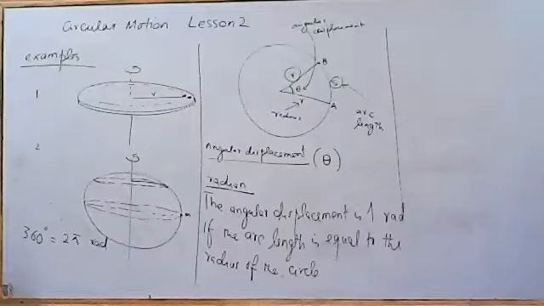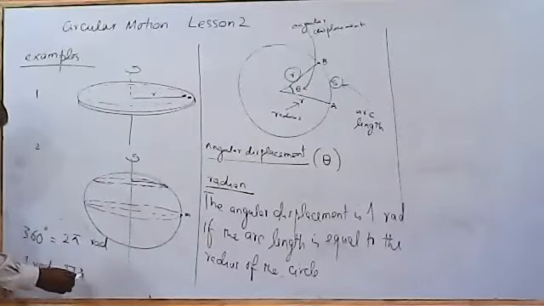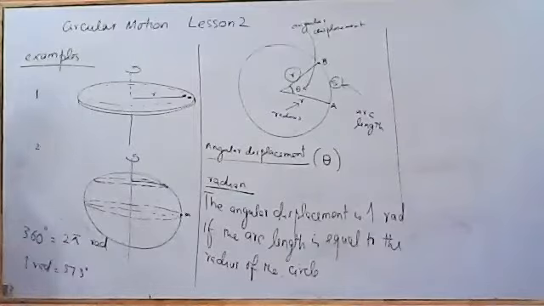From this we can work out that 1 radian is equal to 57.3 degrees, using pi equal to 3.14, the usual value of pi.